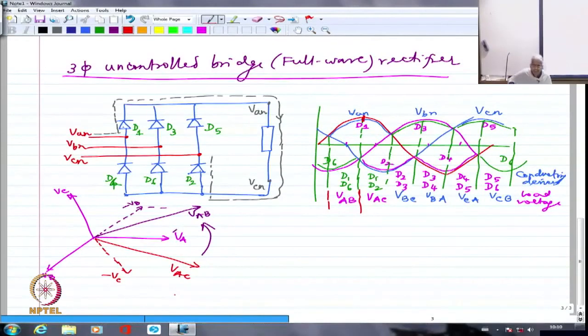Somewhere in the middle of this I should have VAB's peak, somewhere here VAC's peak, and somewhere here VBC's peak.